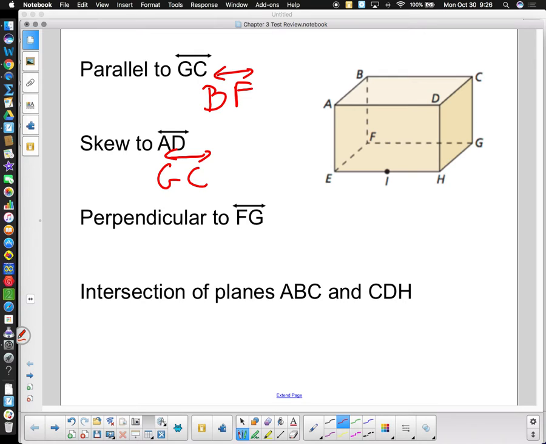Perpendicular to FG. Lots of answers here too. What you got? GC would work again. To FG, yep, GC is fine. Whoa. Might need to reorient here. Hold on.